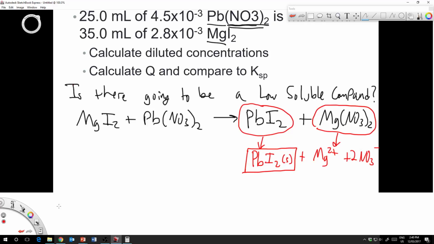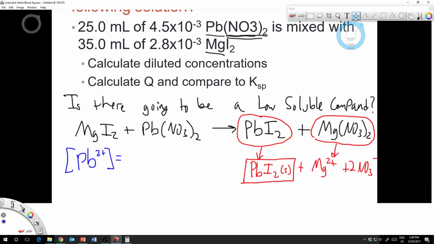So how do we go about figuring that out? Well, the concentration of lead ions we can pull from this information here. Oh, these are supposed to be concentrations, so that should be molar. So we'll pull from there. Now this means then that we have to write a couple of other equations.